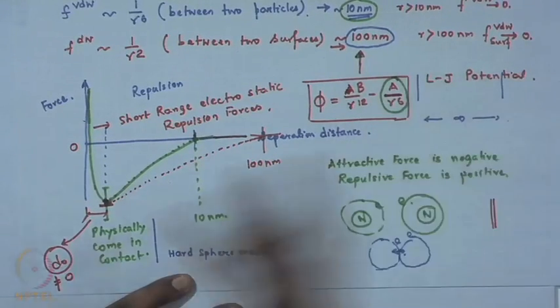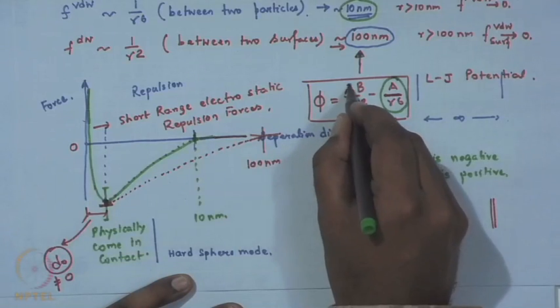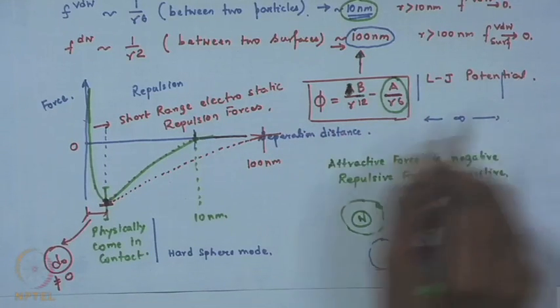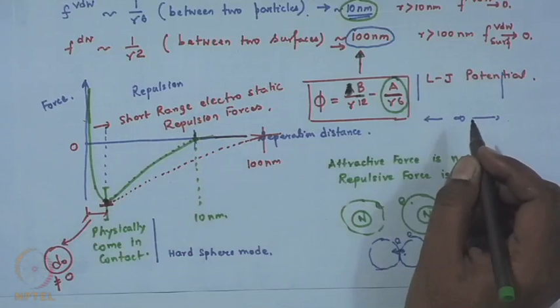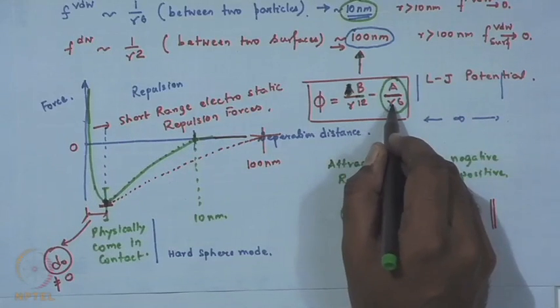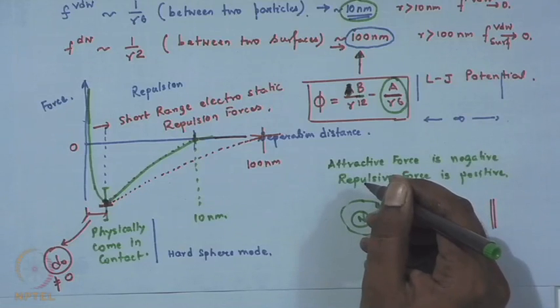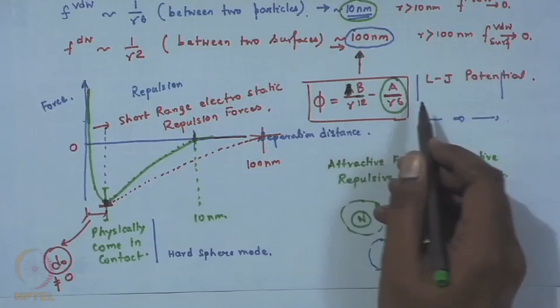A is a constant, forget about its number, we do not worry about it. And then you have B divided by r to the power 12, which is the short range electrostatic repulsion force. Here also you can see that if r is very large, let us say beyond 10 nanometer, then both the terms tend to 0.